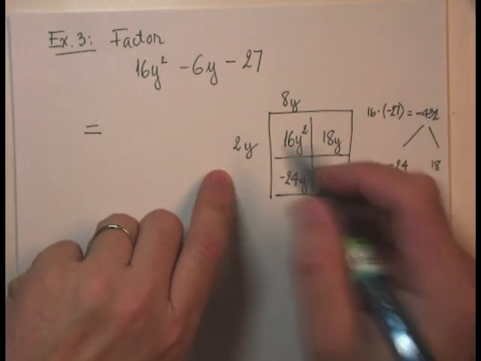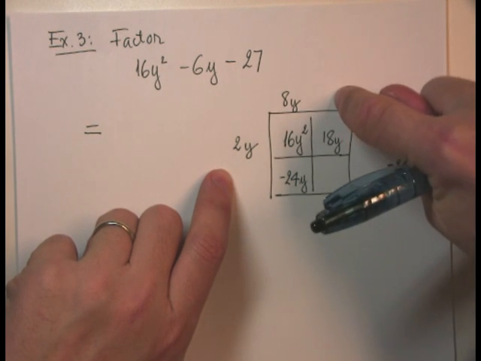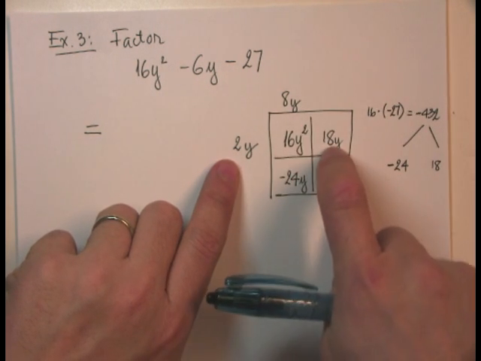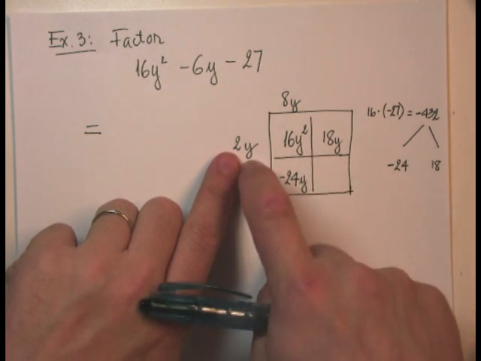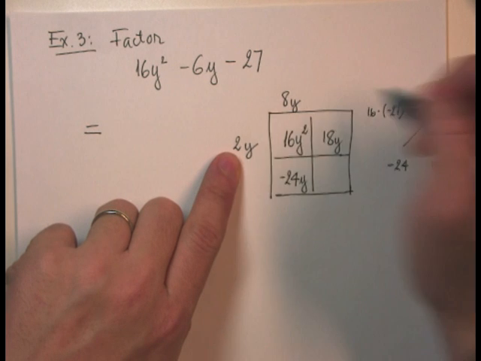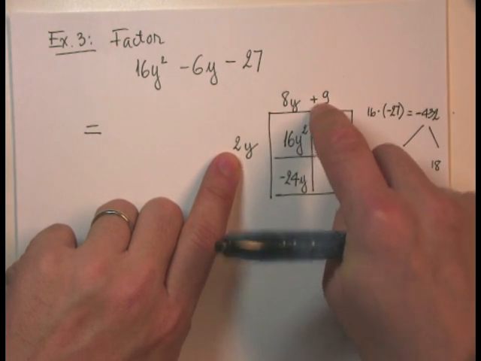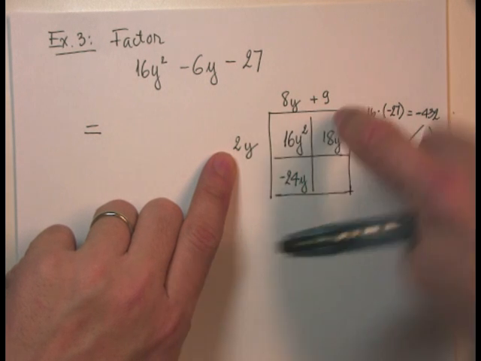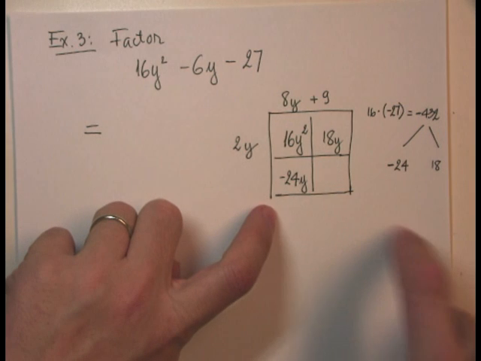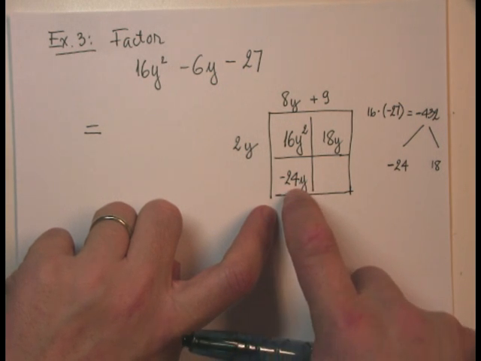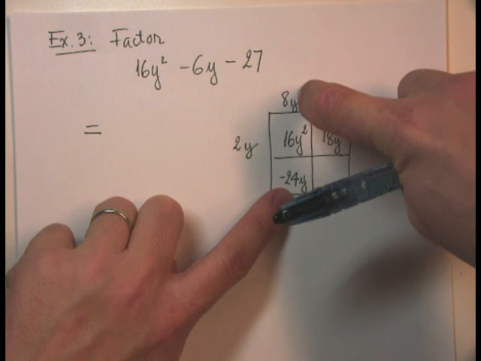And then look at 18y right here. One factor of 18y is 2y. So what's the other factor? It has to be positive 9, because positive 9 times 2y equals 18y. And then if you look over to this entry, negative 24y has a factor of 8y. What's the other factor?